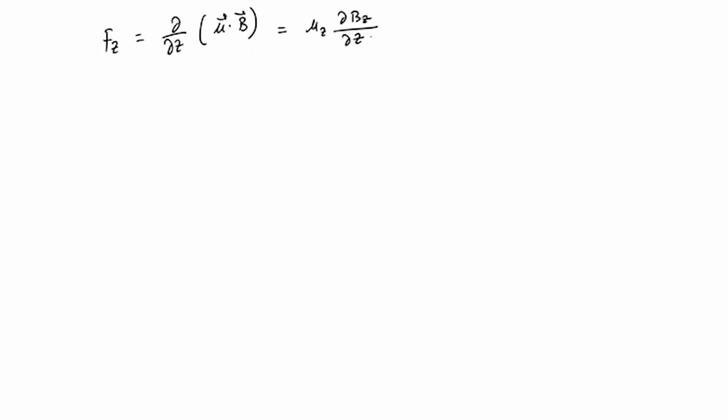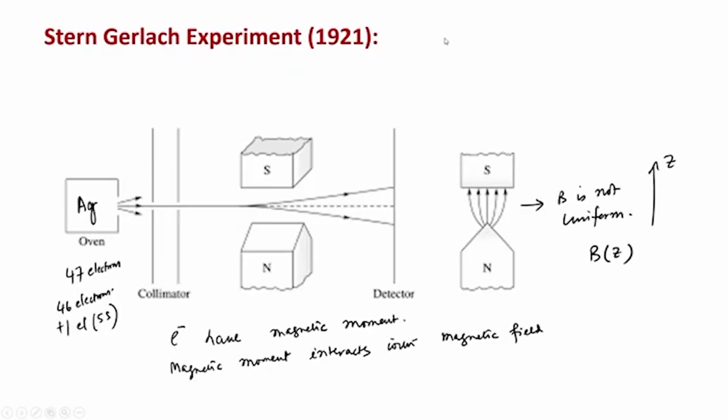So, now if you really think of mu_z to have any value, so classically mu_z has values between plus and minus mu. Okay. Which means that if that is true, then what you should get here is a patch. I will draw it with a color.